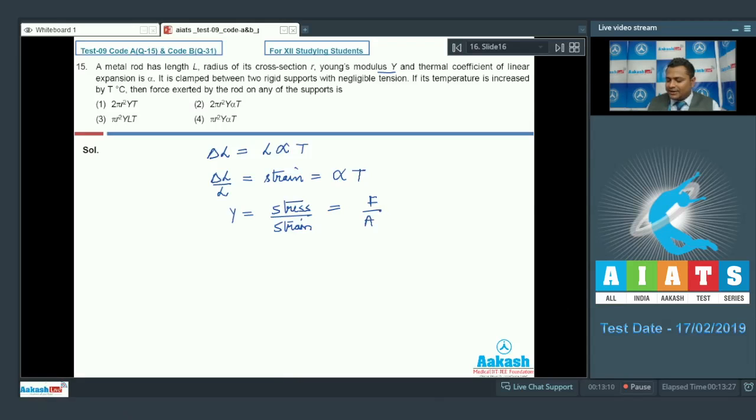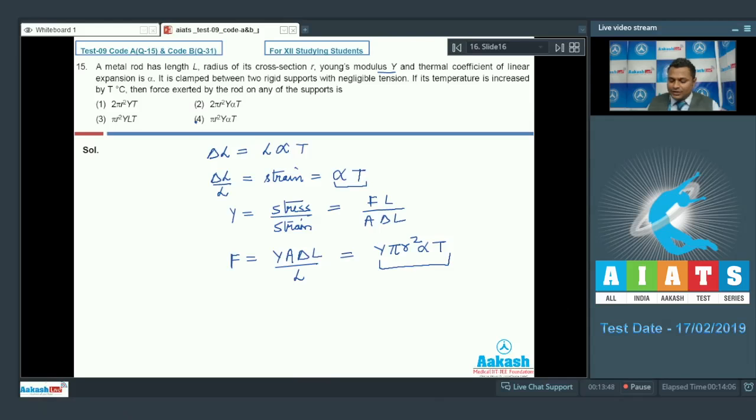Stress is F by area, and if we put the value of strain, delta L upon L, we get FL upon A delta L. From here we get the force: Young's modulus times A times delta L divided by L. Delta L by L we have already calculated, that is alpha T. So the value will be Young's modulus multiplied by area, pi r square, multiplied by alpha times T. So this is the final expression.